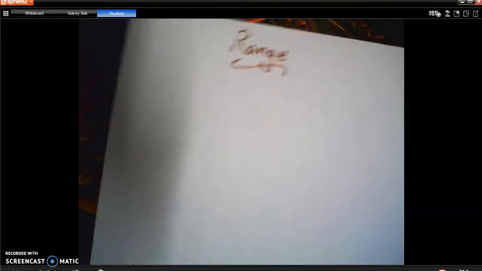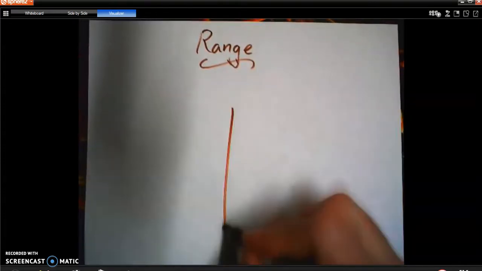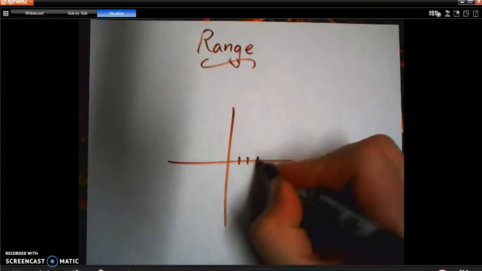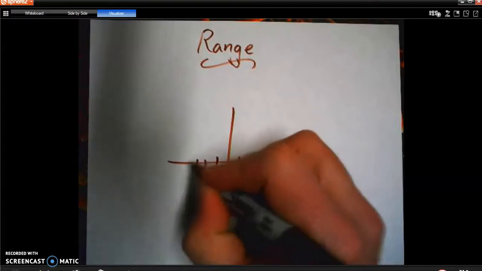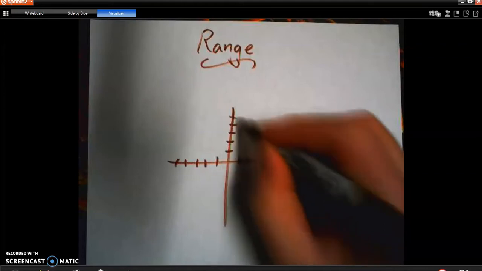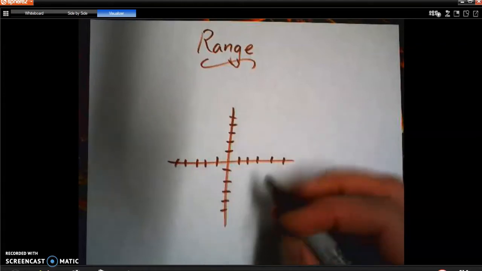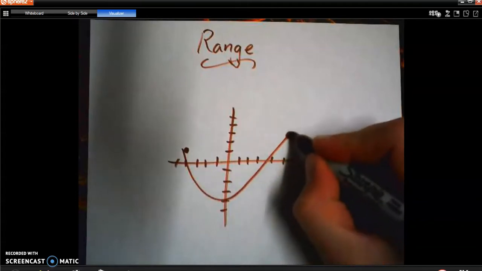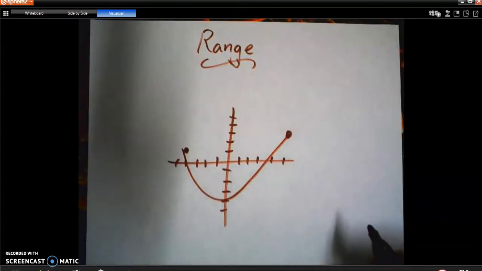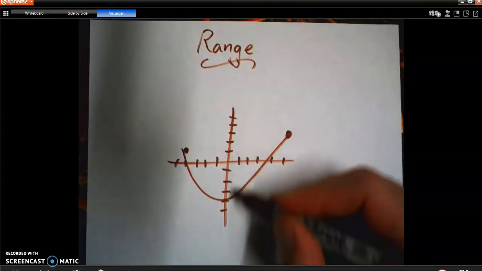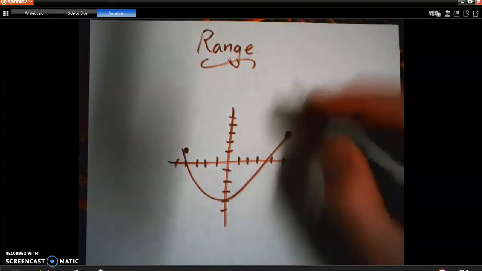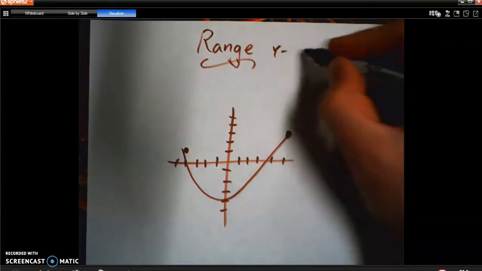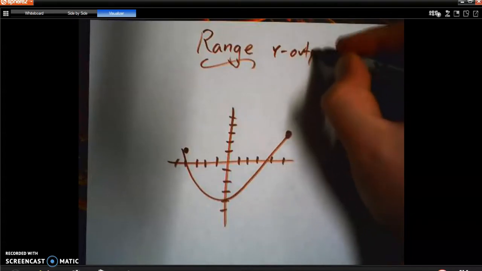So let me kind of draw something similar. So let me bring out here the range. The range of a function, I'll draw a graph again, with 1, 2, 3, 4, 5 on each side. So again, here's that -4, and it goes down, and it comes up to +5, right? Well, for the range, we want to see how low it goes and how high it goes, because it's the y-axis, or the outputs, okay?